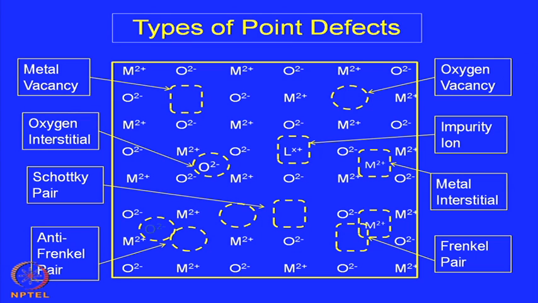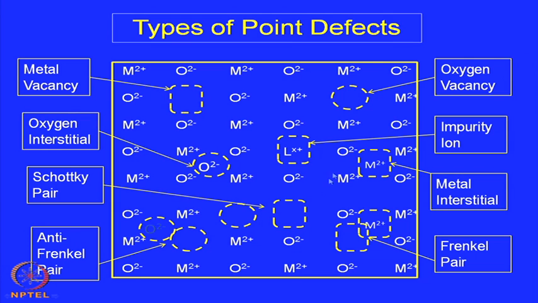Now, we are talking about not a single defect, but a pair of defects. The very first one is here in the middle. It is called Schottky pair, where both oxygen is missing as well as metal is missing. So, they are forming as a pair together.